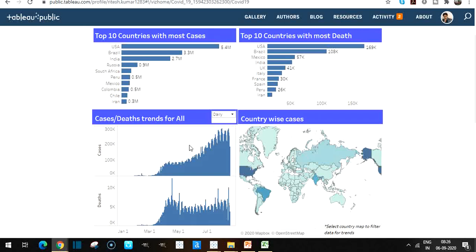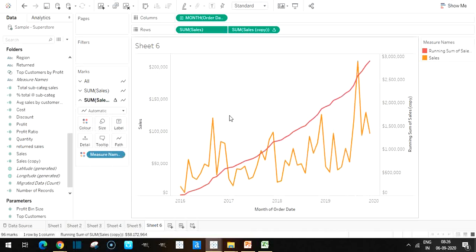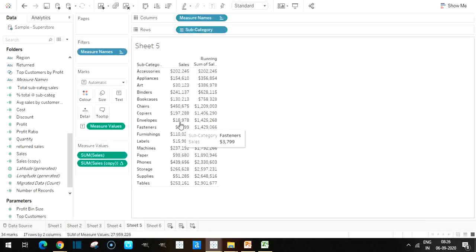That's why you think the chart is changing, but behind the scenes there are two charts swapping with each other based on what I'm clicking. We'll learn this when we go to the dashboard. But for now, just try to learn whatever we have here.